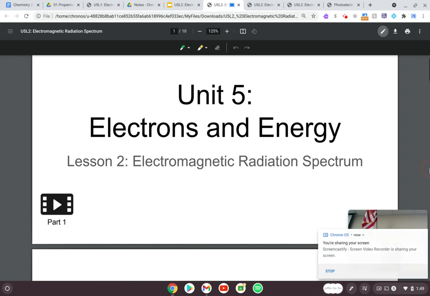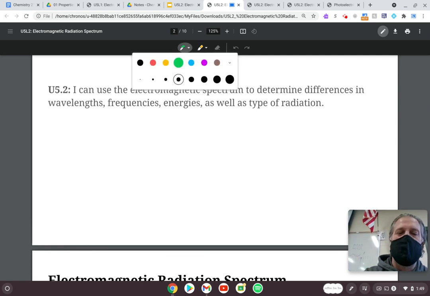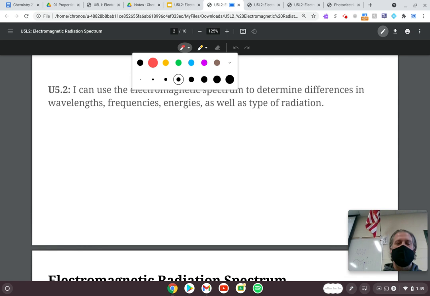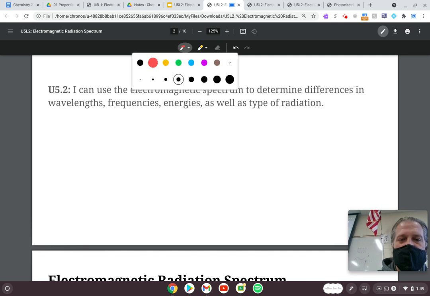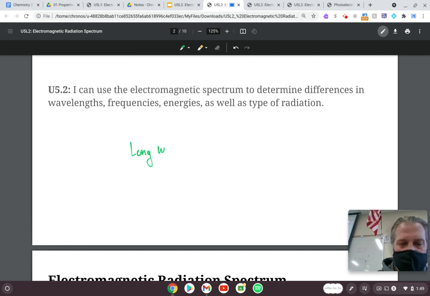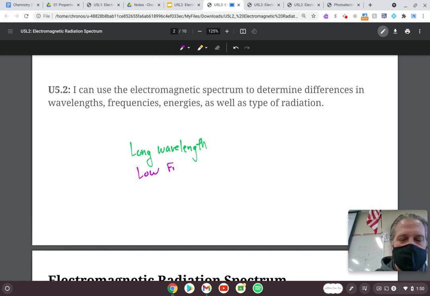All right. Yesterday we ended class by essentially making the statement that if a wave has a long wavelength and low frequency, it would tend to have low energy.